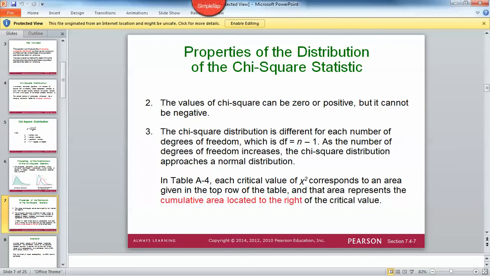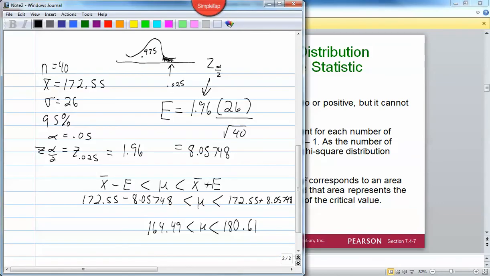If you think back to what we've been doing when we construct an interval, we say plus something on one side and minus something on the other side. But since that critical value that we have with a t or a z distribution is symmetric, adding it to the right side or subtracting it from the left side, we don't even have to worry about a different critical value for both sides. It just works out for us.